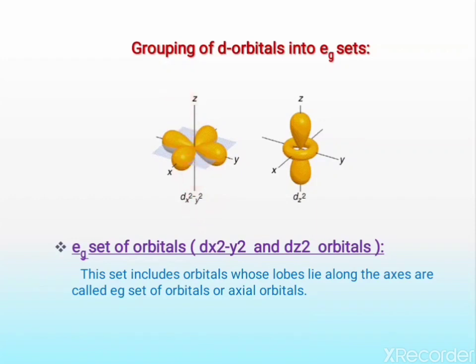The lobes of d orbitals are lying along the axis. That's why the Eg set of orbitals is called axial orbitals, because their lobes are lying along the axis.